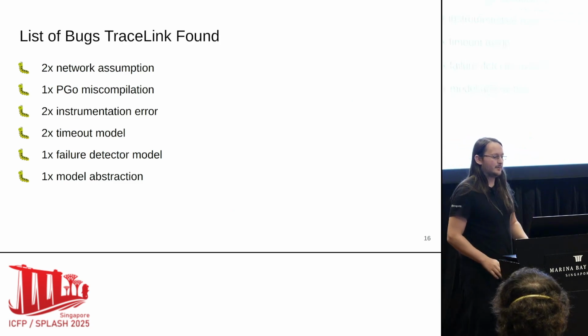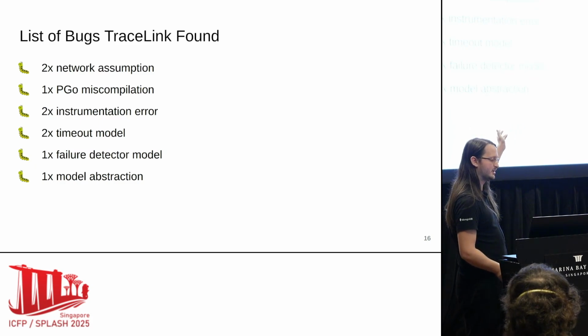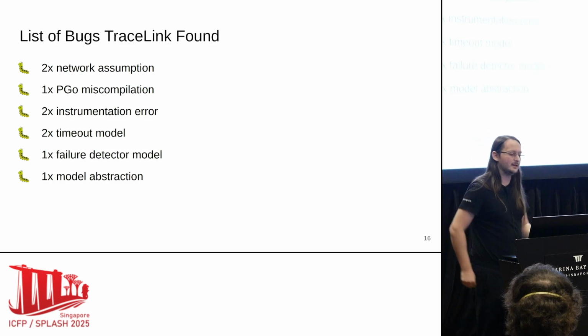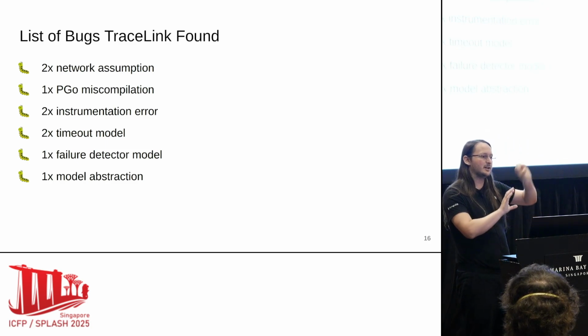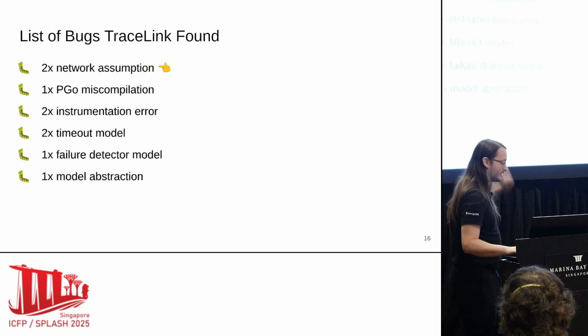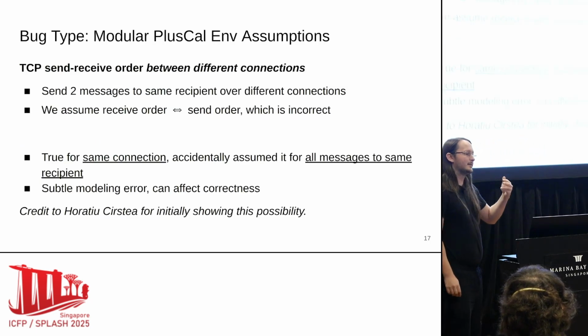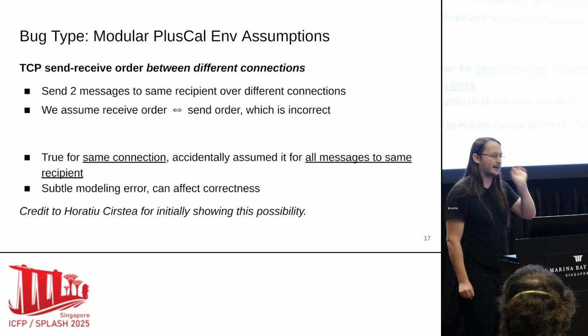A rough list of the bugs that we found are in some interesting categories. There were wrong specification assumptions, there was one miscompilation in Pigo, and various mismatches in terms of modeling trade-offs. I will tell you a tiny bit about one of them, because that's all I have time for. And that was when we accidentally modeled TCP incorrectly.